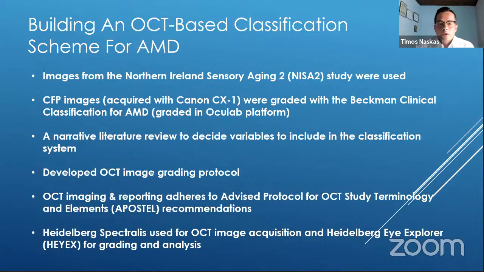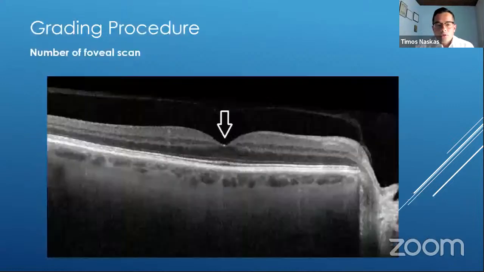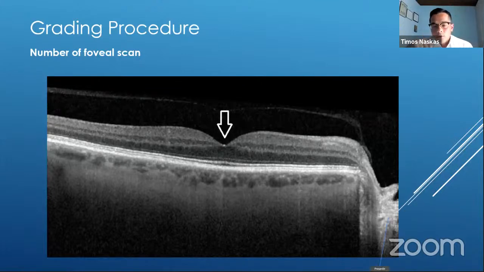So first of all, we went on to describe the foveal scan. Okay, the first thing that we took into account was the number of the foveal scan, and that was deemed as the scan in which the foveal dip was maximal.